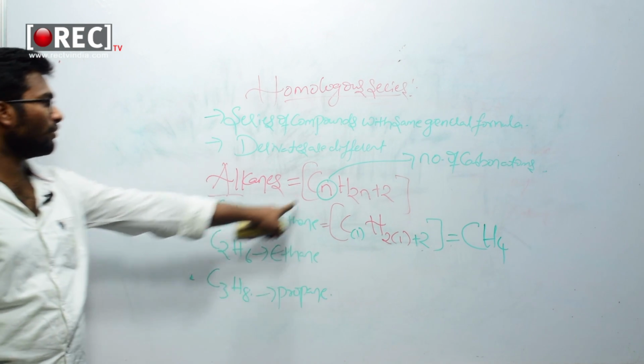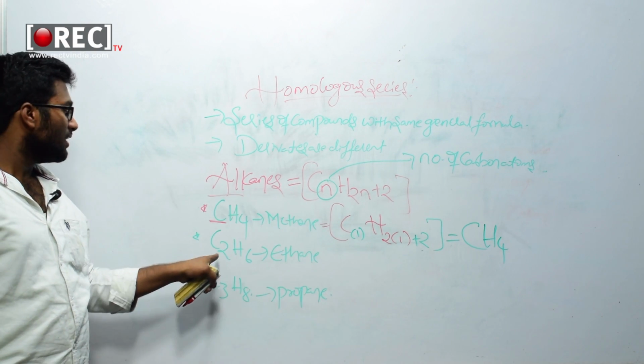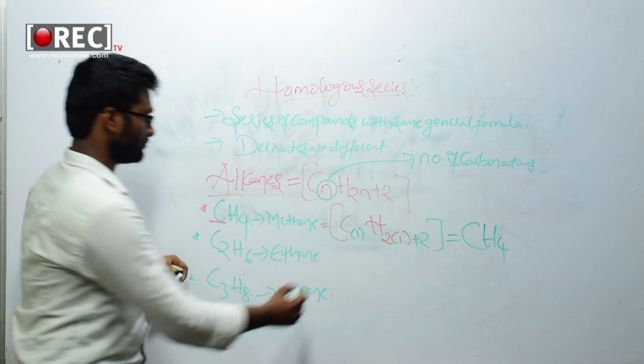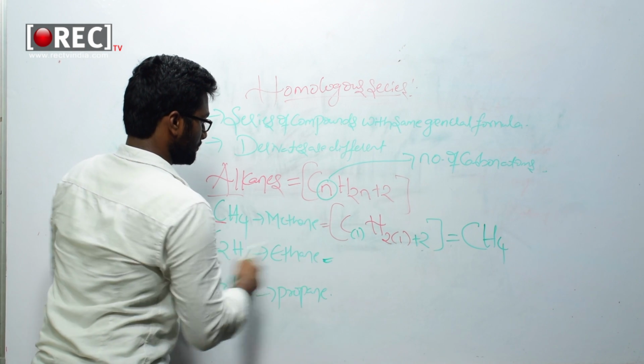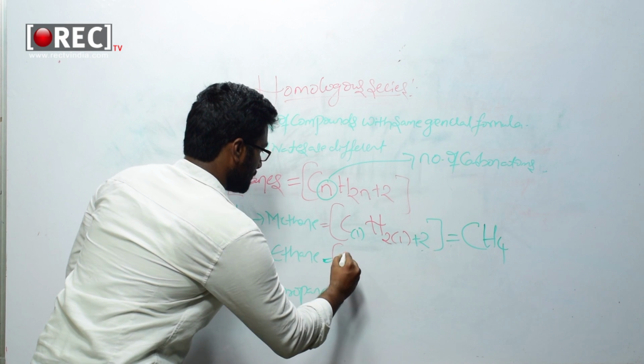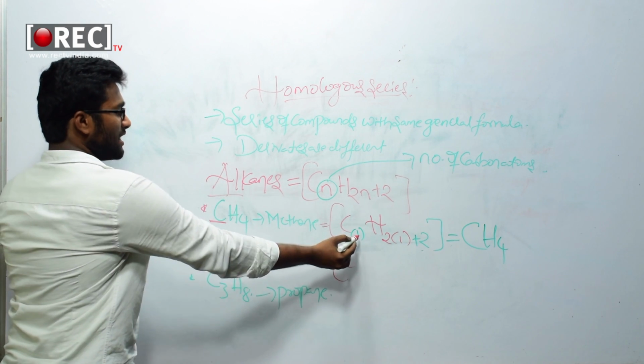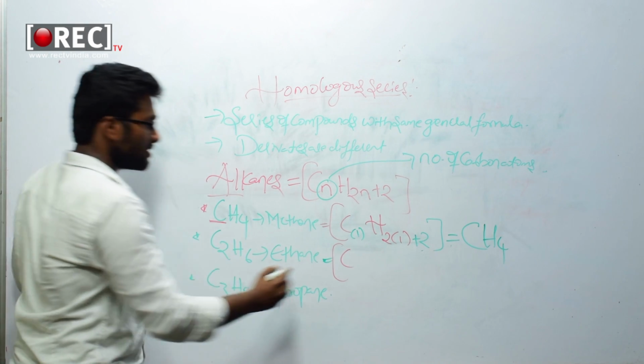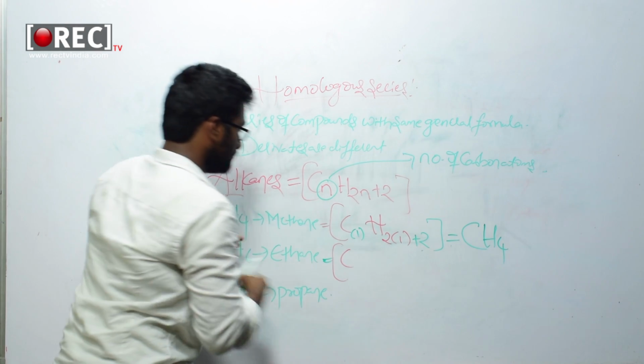We have derived CH4 from this general formula. Let's derive the others also. C, here n represents the number of carbon atoms, which is 2.